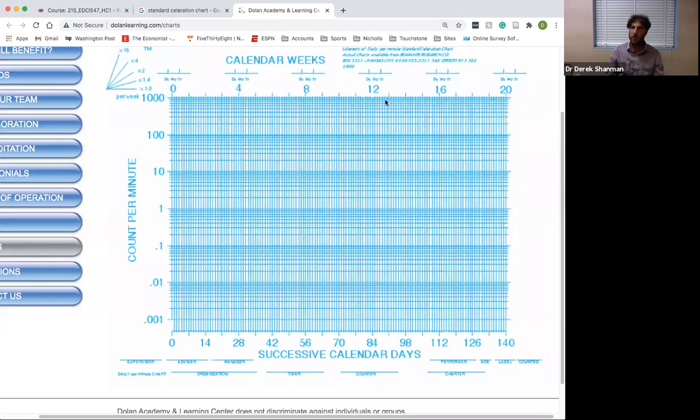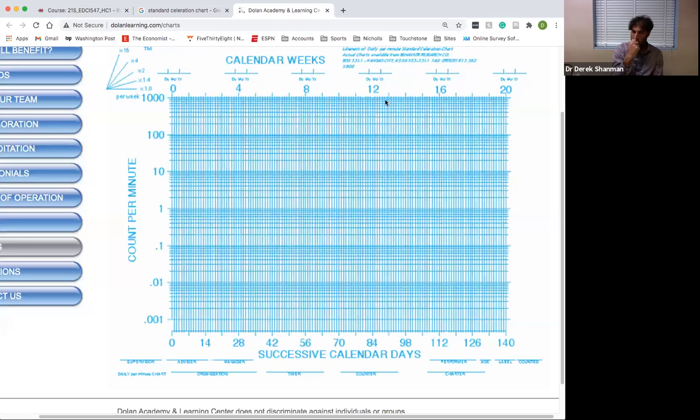There are precision teachers out there, those that swear by this, who claim that there is no other way to have a true measure of behavior. They say that count per minute or count per time is the only appropriate measure of behavior, because count is real and time is real.